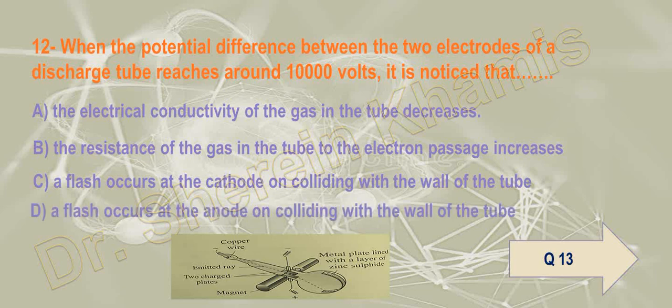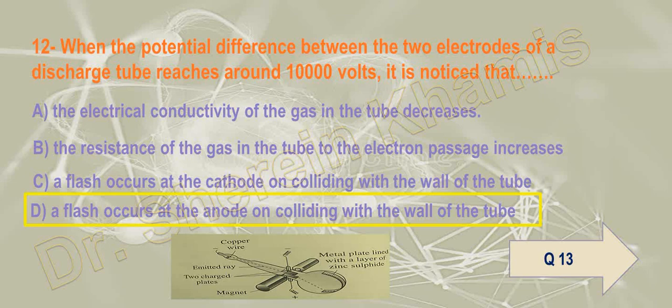The last one: a flash occurs at the anode on colliding with the wall of the tube. The cathode rays come from the cathode, but they make the fluorescent light on colliding with the tube at the end of the discharge or vacuum tube, so it reaches the other side, the anode. So the right answer is: a flash occurs at the anode on colliding with the wall of the tube. Please study hard and you must understand each word that we have taken before.